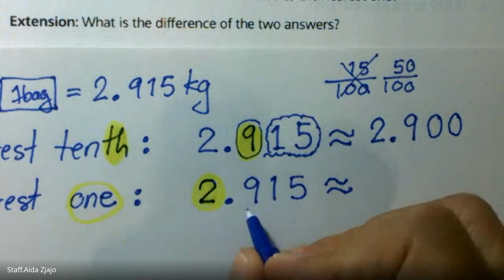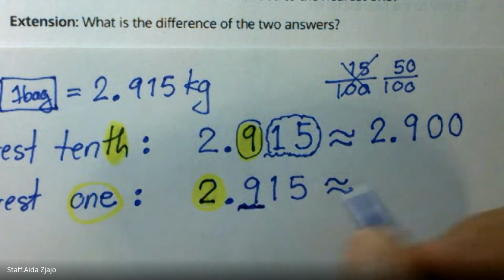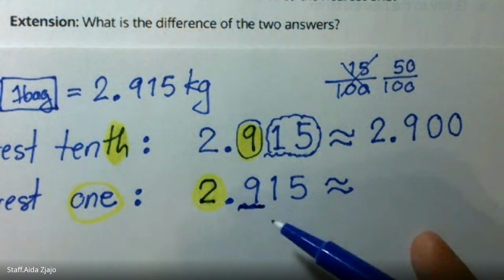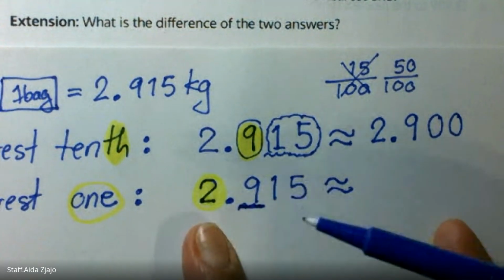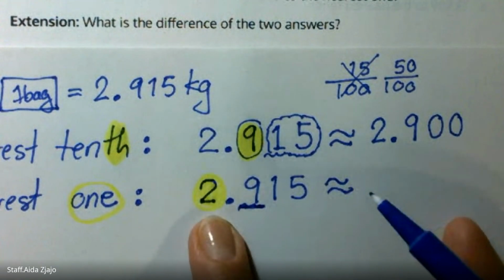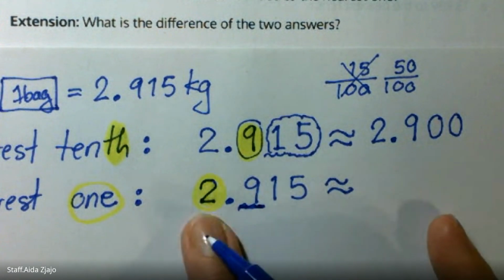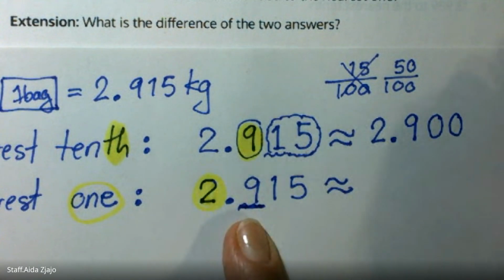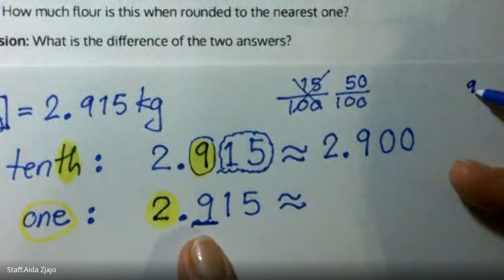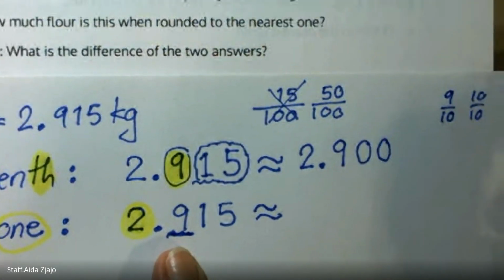Now you look at the tenths, and ask how many tenths do I need to make a new whole? I need 10 tenths to make a new whole, and I have 9. So if you look sideways, you have 9 tenths, and 10 tenths makes a whole.